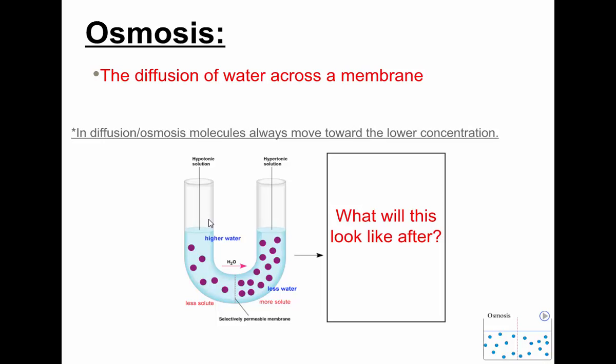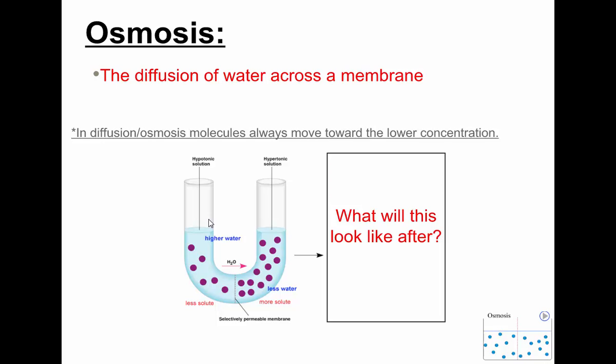Now I have this apparatus. Sometimes I set it up, but often it leaks and it doesn't work very well. But if I have a U-shaped tube here, it comes in two parts, and in the middle, you can actually put a membrane, a little piece of plastic that's a semi-permeable membrane.